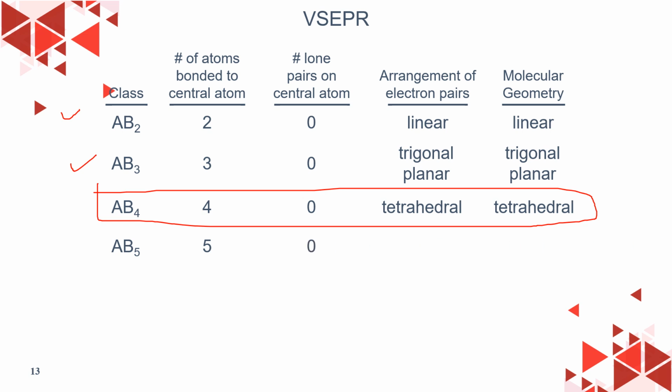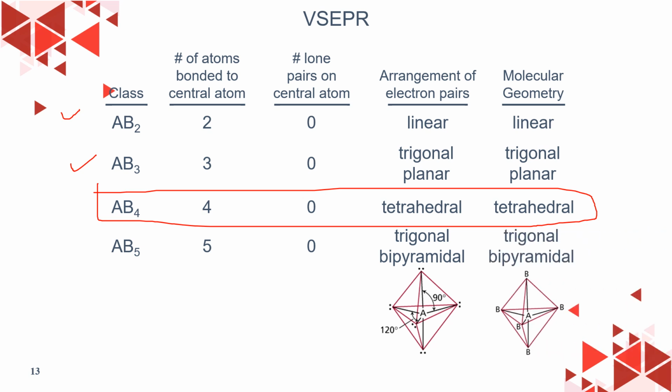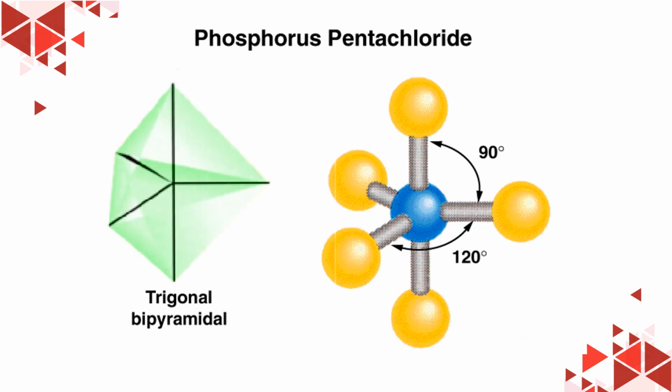You can imagine the arrangement in three dimensions: the space of the central atom is divided by 5 atoms in the same way, making a trigonal bipyramidal geometry. An example is phosphorus pentachloride.